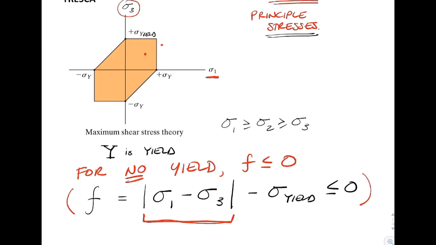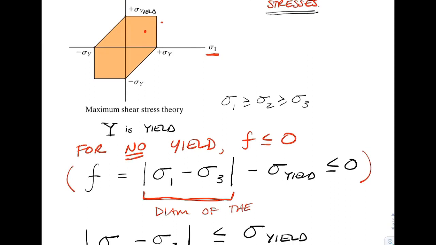So sigma 1 minus sigma 3, the diameter of the biggest circle, dipping back to Mohr's circle for 3D stress analysis, and we're going to compare that to sigma yield.